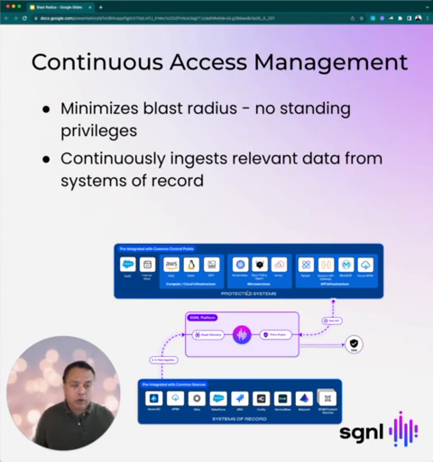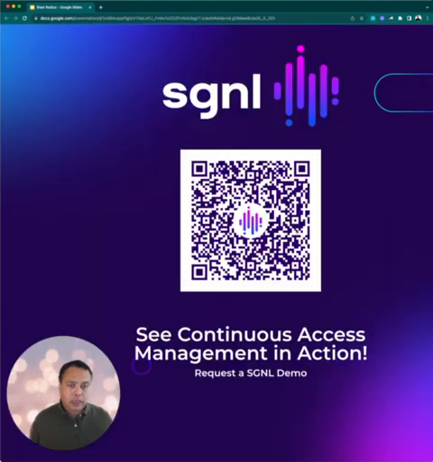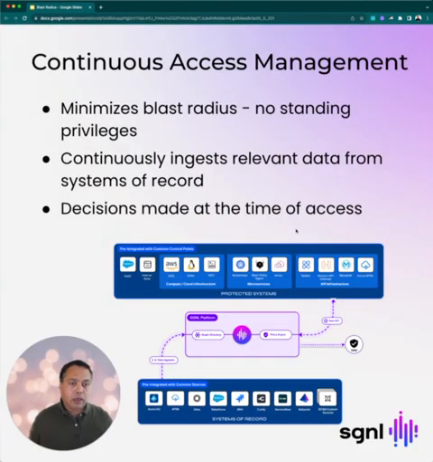And then you can write human readable policies based on the graph that contains and correlates all this information. And then as these systems request access, permissions are given at the time of access. And so there are no standing privileges in this situation.